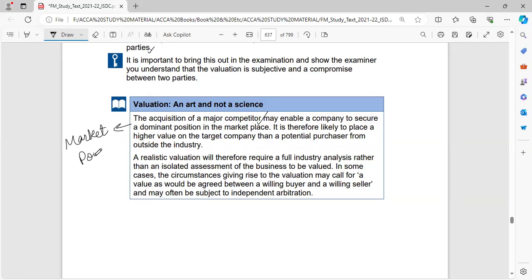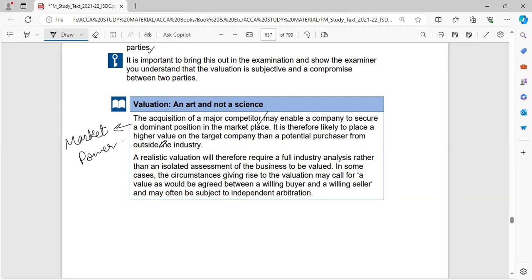But definitely it is not easy to acquire a major competitor, because the competitor will also resist our intention of acquisition if they are not willing to sell. And the second issue is: are we allowed by the competition commission to acquire another organization or big competitor or not? If we are not allowed, then definitely it is not possible for us.